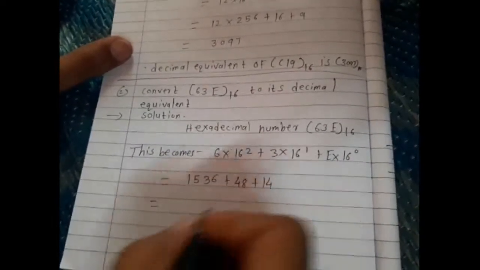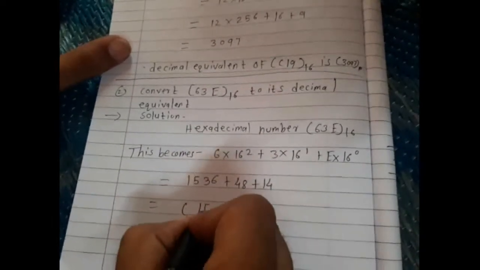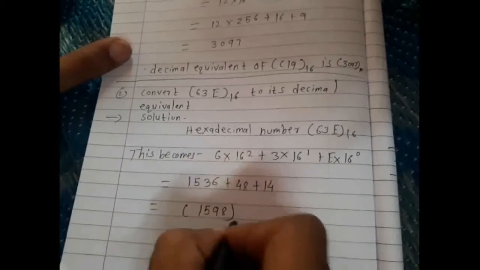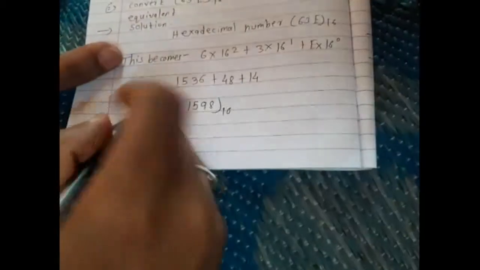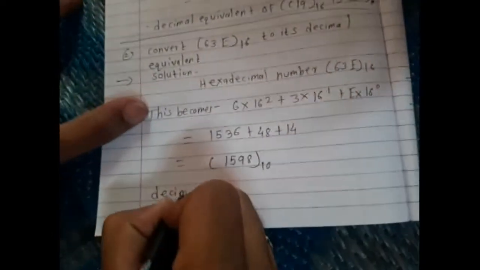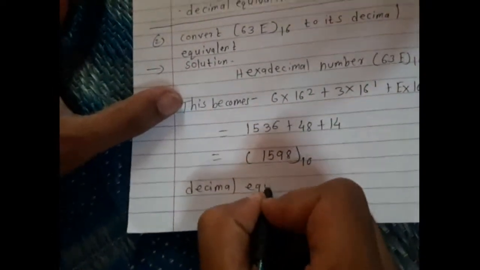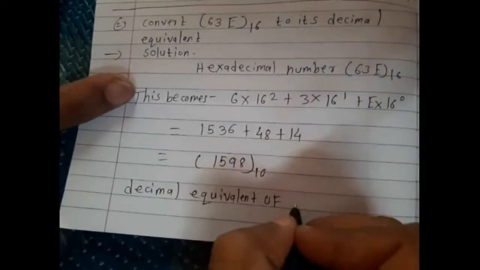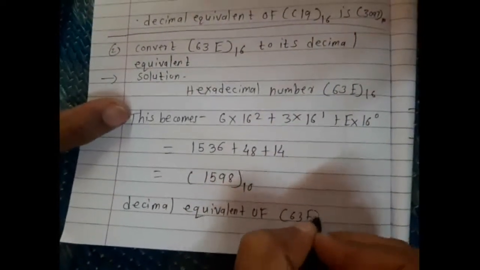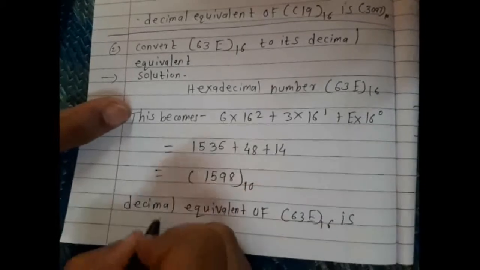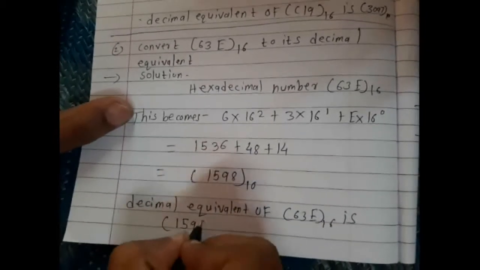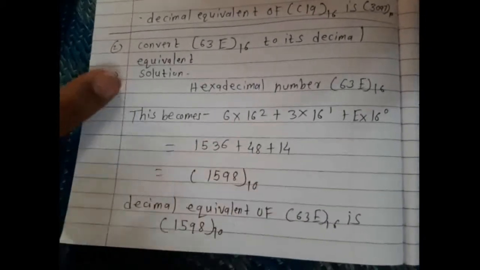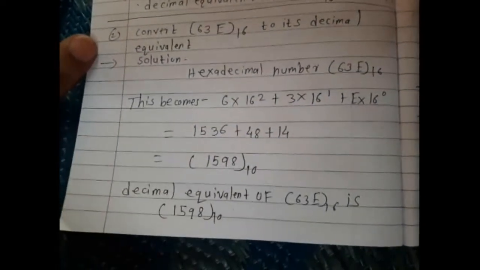You have to do this addition. So the decimal equivalent of 63E base 16 is 1598. Like this your answer will come.